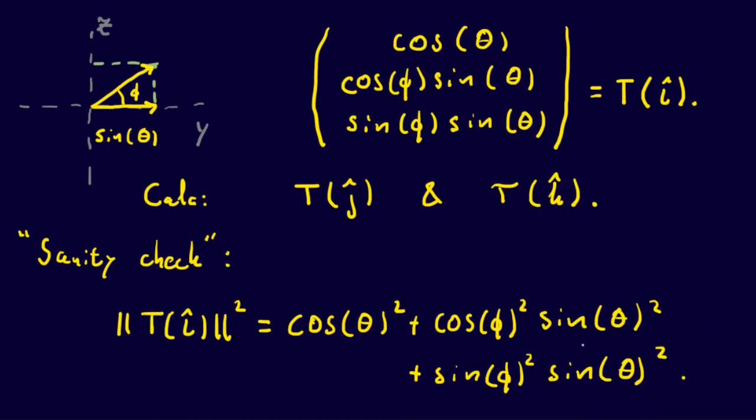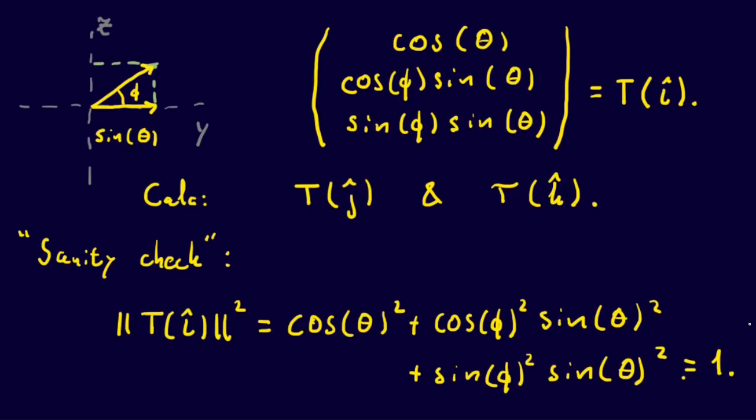And indeed, if we use the rule that cosine theta squared plus sine theta squared is equal to 1, and the same for phi, we need to factor the sine theta here, then we see that this is equal to 1. So while this doesn't prove that we did the right thing, it's a good indication that we're on the right way.